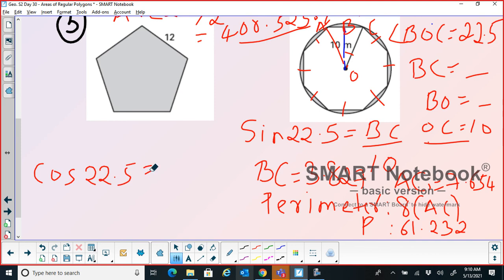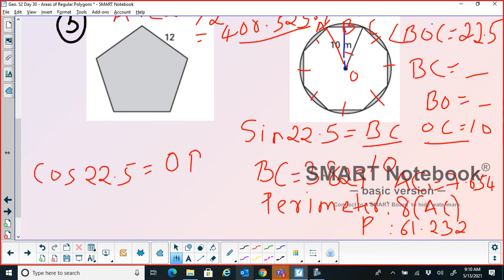Using angle BOC as the angle of 22.5, my OB is the adjacent and OC is the hypotenuse, and I need to find the value of OB.